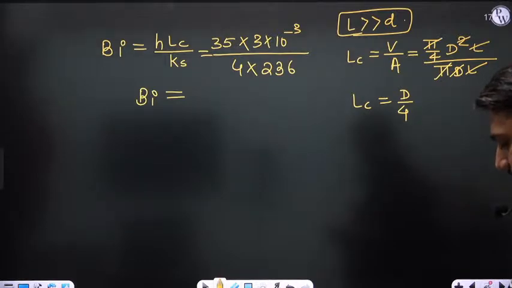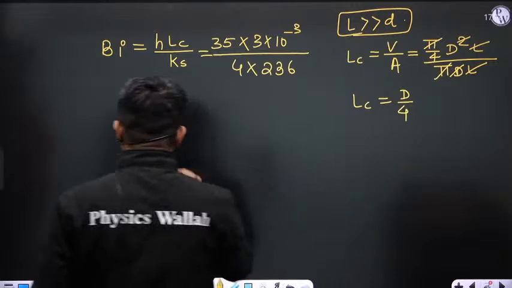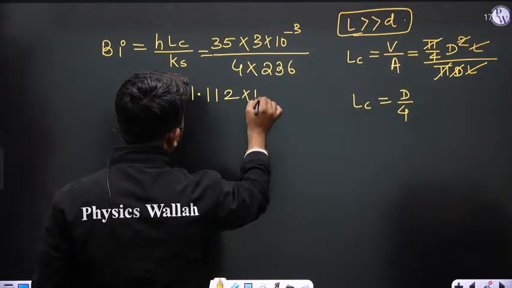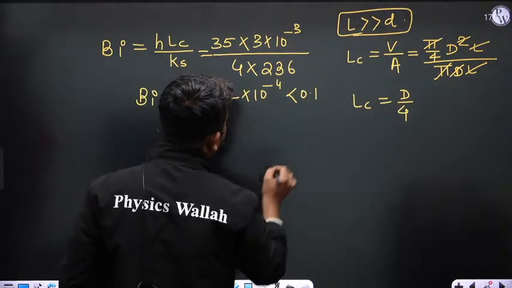So this is 35 into 3 into 10 to the power minus 3, and 4 into 236. So this is 1.11 into 10 to the power minus 4, which is less than 0.1.